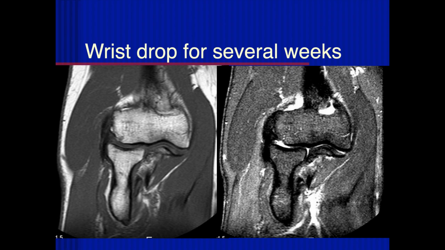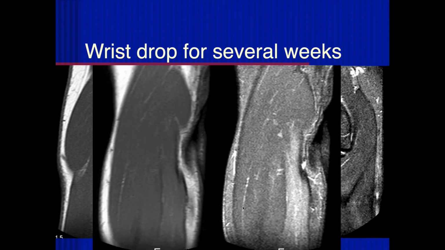So this patient has a wrist drop for several weeks. I'm just looking here. It seems like there's a lot of signal centrally there. Oh no, I guess there's mild increased signal along the extensor tendon there. The muscle here, right? ECRB? Yeah. And this patient had wrist drop. That's right. And there we can see the muscle along it there.